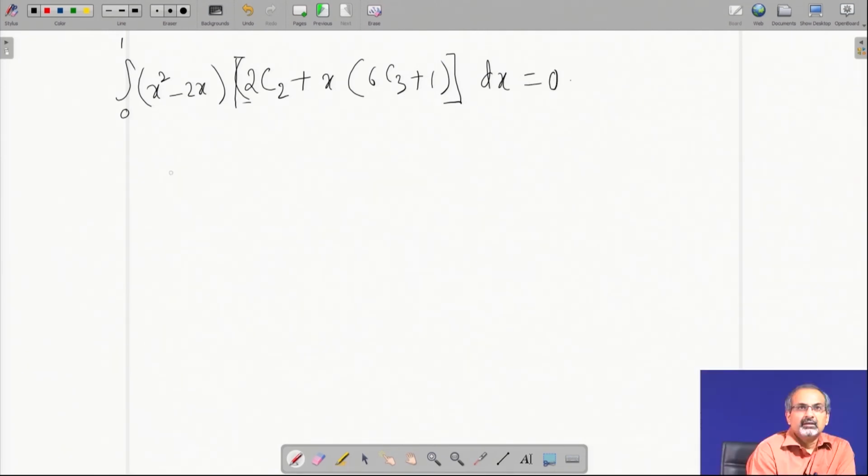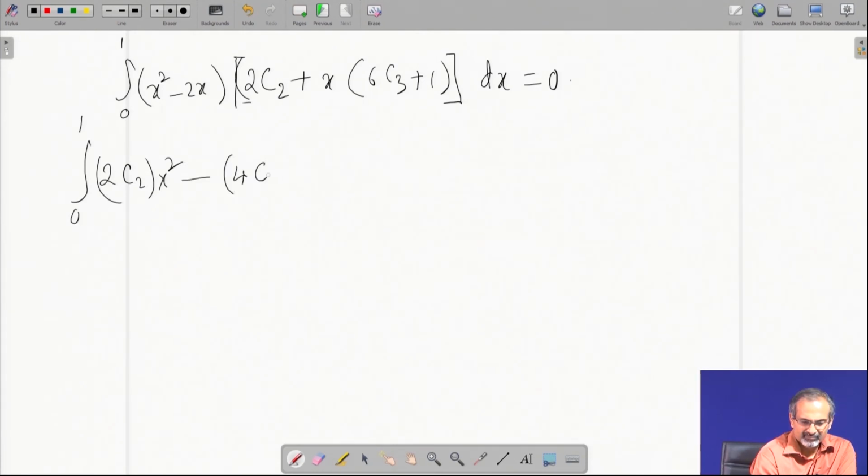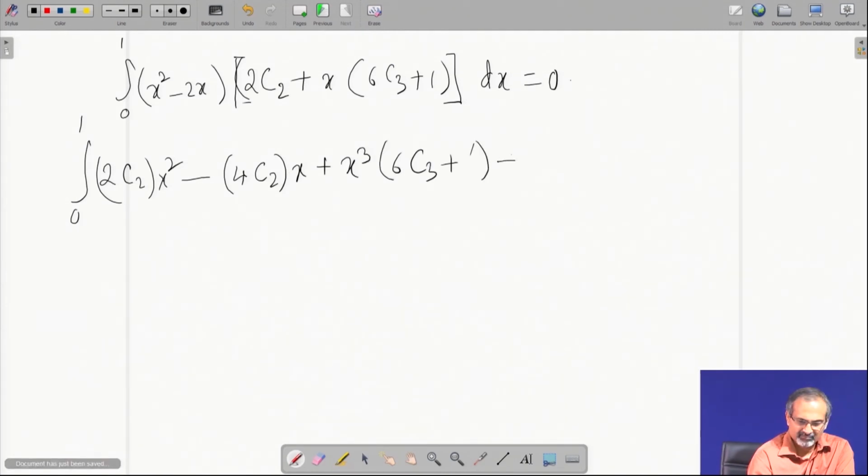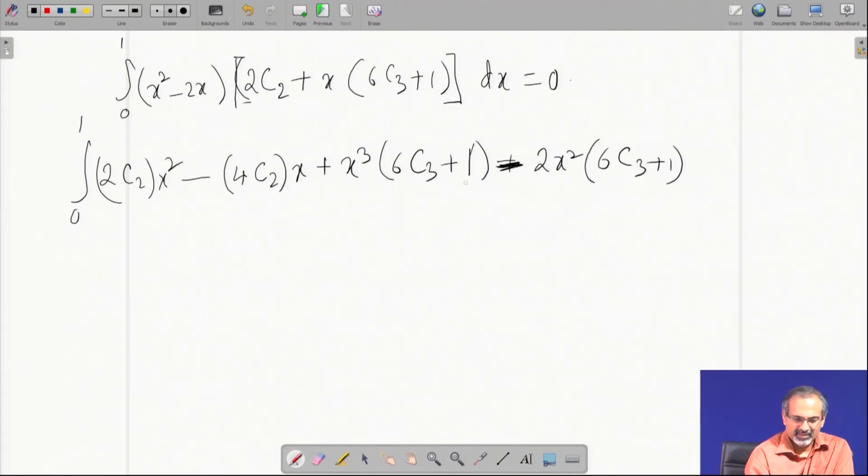So, if you expand it, you will get this, which should be a minus 2x square, and let us put a bracket times dx equal to 0.